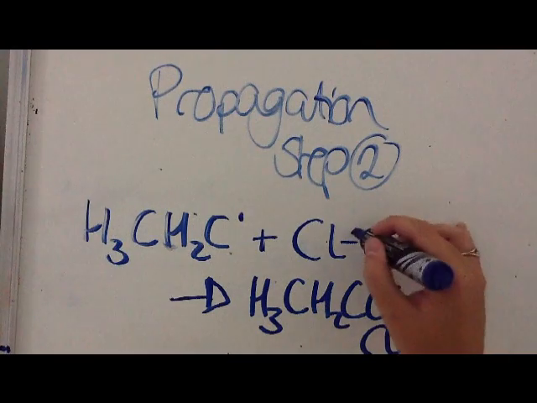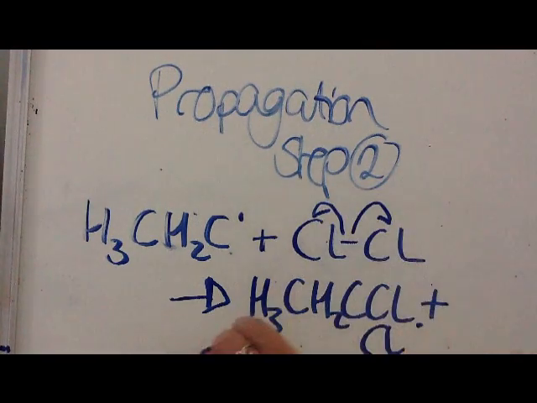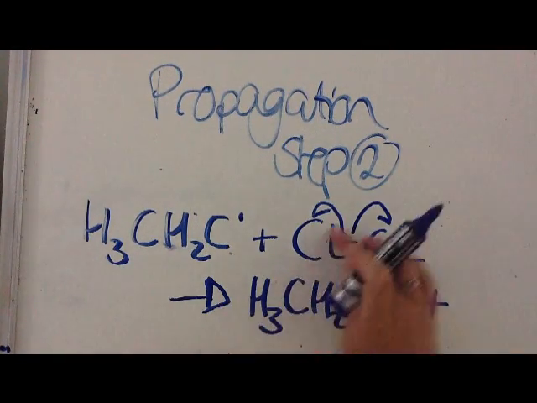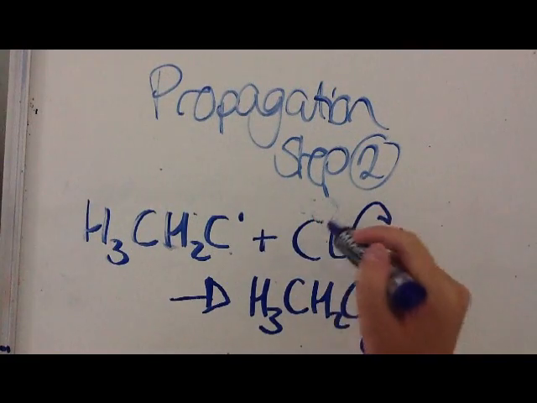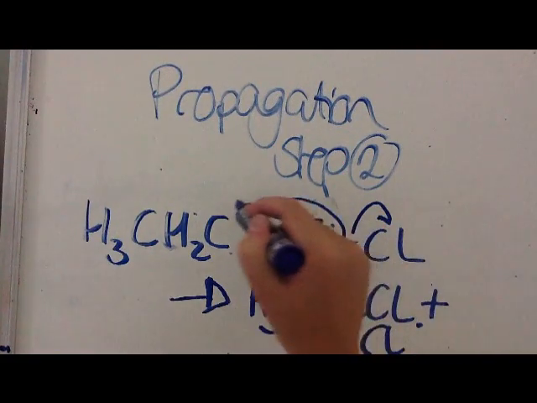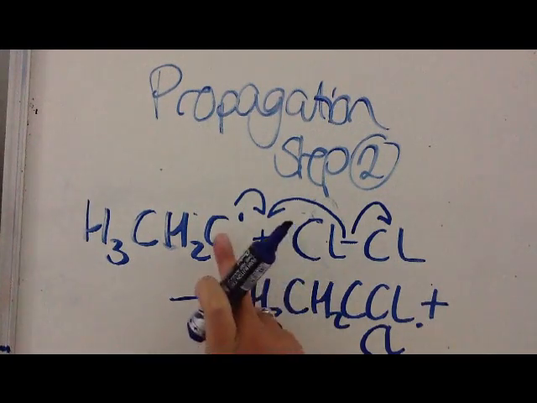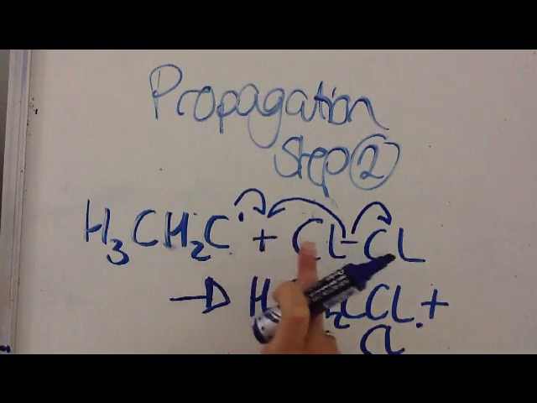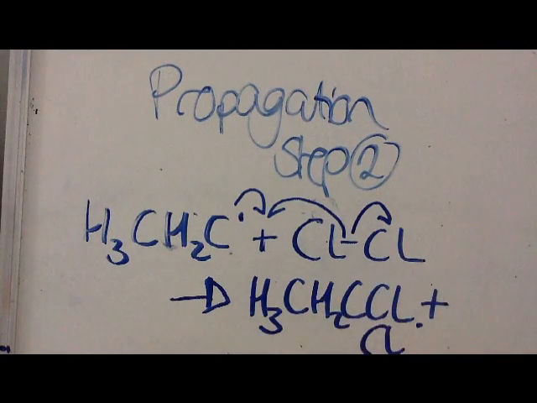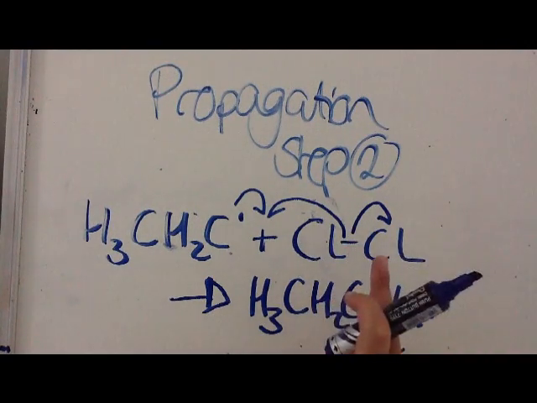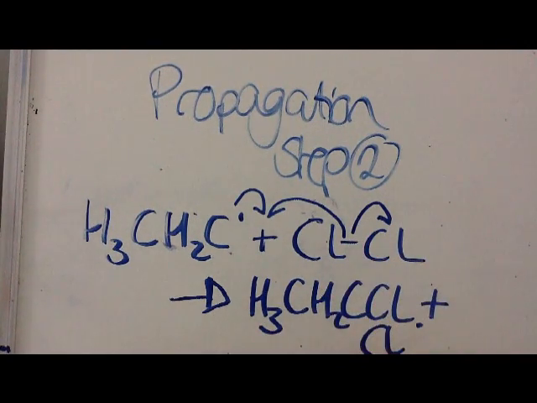So again, we use these half arrows because we're only showing the movement of one electron at a time. So we've created a bond here between the C and this Cl, and this Cl is then left by itself. This Cl2 molecule has undergone homolytic fission again to create a Cl free radical.